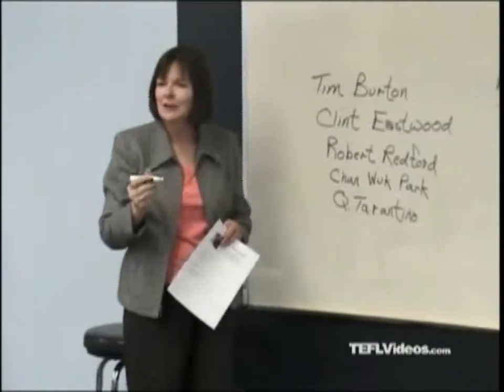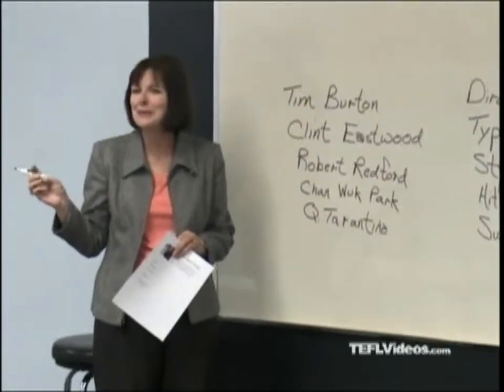Okay? So what I want to do is to have you work with a partner and complete this sheet by going to imdb.com, the website. So we're going to go down to the computer lab. You and your partner look up the director and complete the information on the sheet. Okay? So I want to give you ones that you didn't know about before.